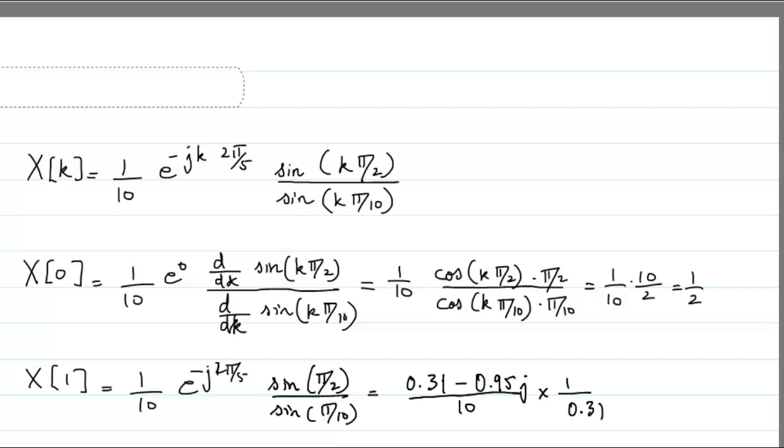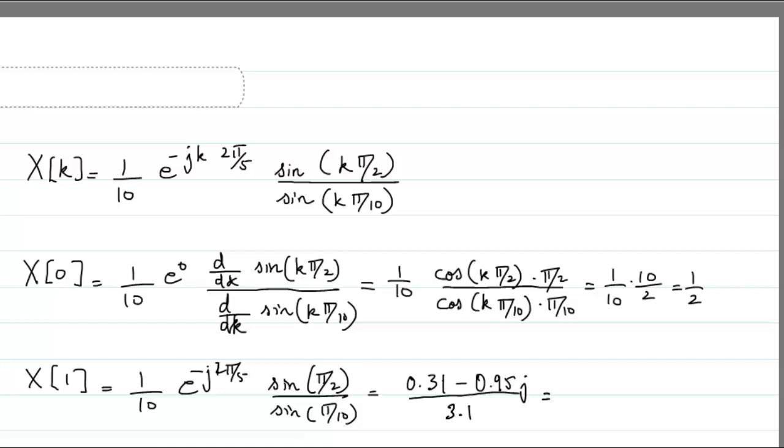Now I can write this as 0.31 into 10, which is 3.1 in the denominator, and I can even find out what the further values are.